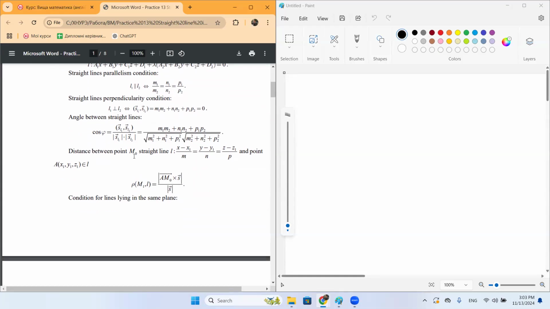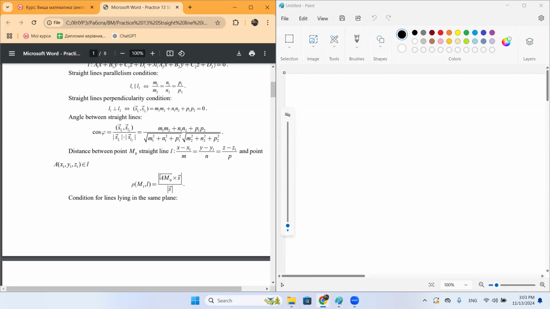And how to find the distance between a point M0 and a straight line? Point M0 doesn't belong to the straight line L, and point A belongs.